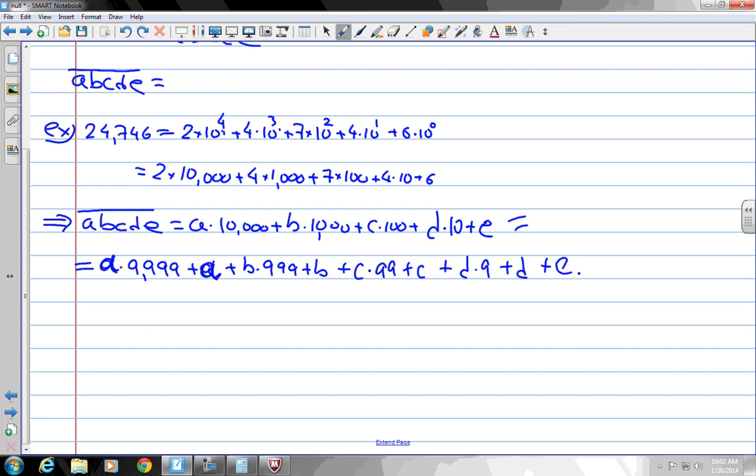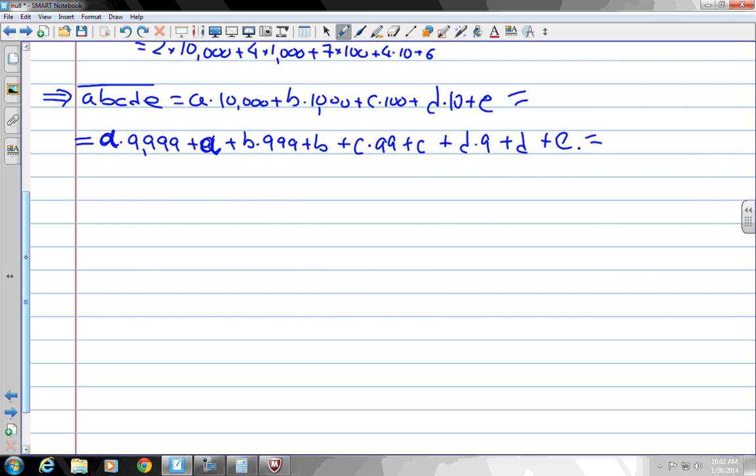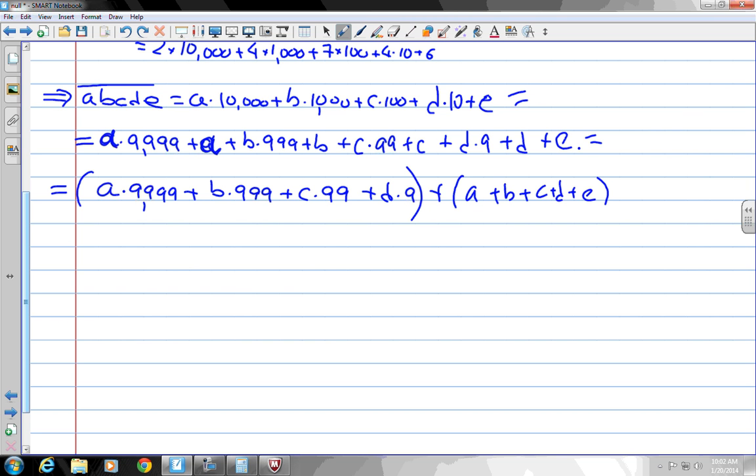So look what happens. I'm going to rearrange this statement. I'm going to write all the 9's first. So A times 9,999 plus B times 999 plus C times 99 plus D times 9 plus A plus B plus C plus D plus E. I just rearranged things.